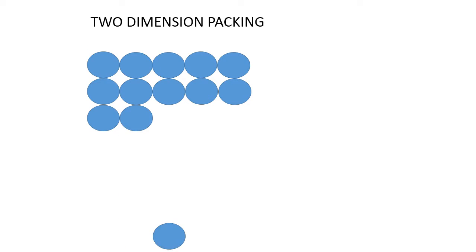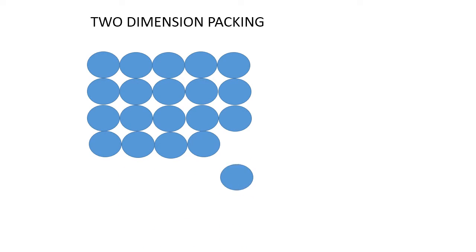We also take a third layer, and we have the fourth layer. If you notice in two-dimension packing, all spheres of different rows align exactly one below the other and are aligned vertically as well as horizontally.